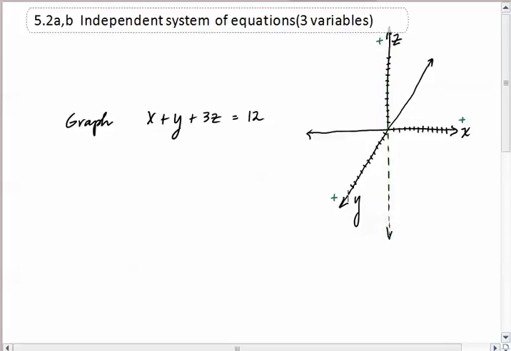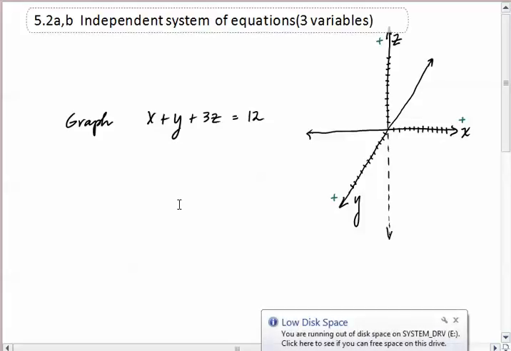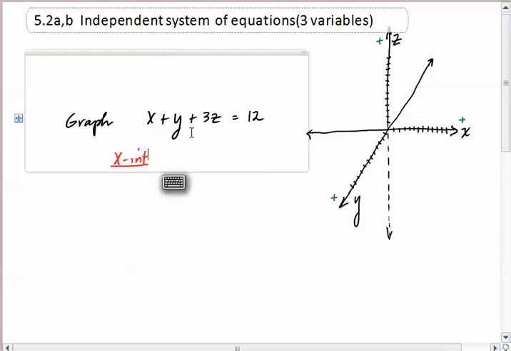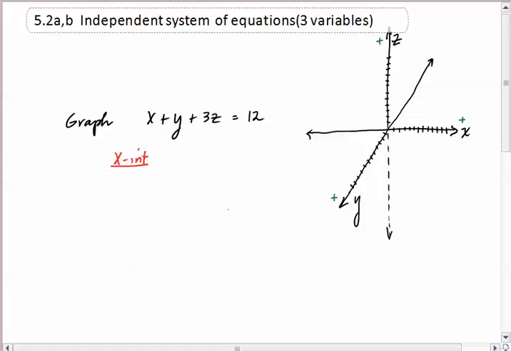Now, in the same way that we would find the x and y intercepts for a line, to graph a line in that particular way of graphing, we're going to find the x, y, z coordinate intercepts to graph this plane. So I'm going to first start with my x-intercept. To get an x-intercept, back when we had 2 variables, we would make the y 0.